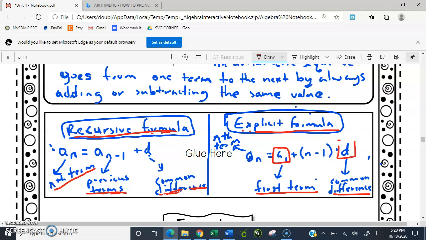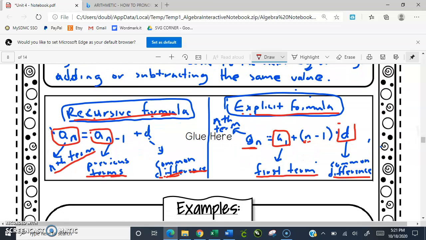It's just like any function. If we know what our nth term is, we plug it in wherever we see that, or if we know which term we're looking for, we plug it in. We've done functions before.